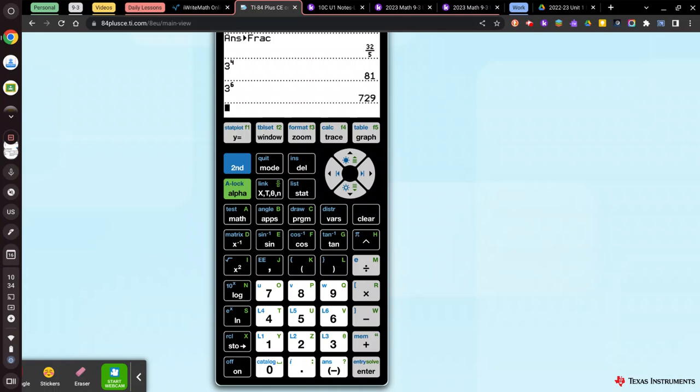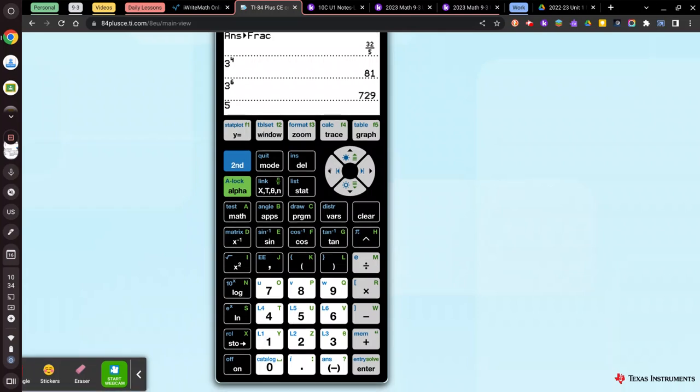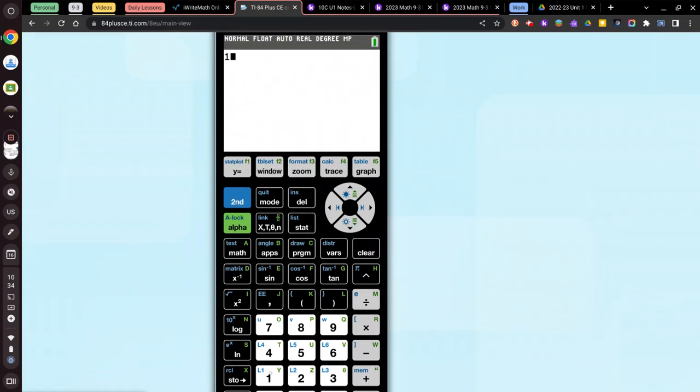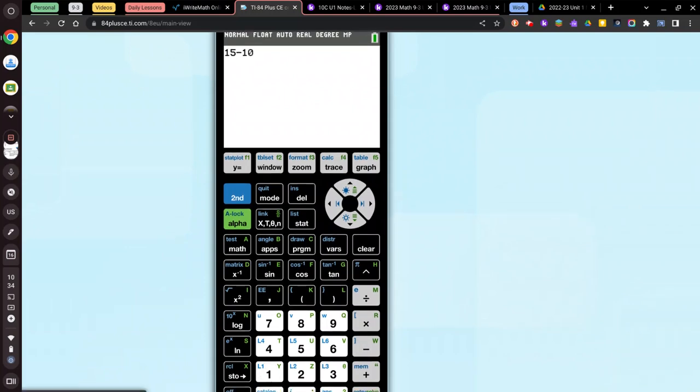So I've got $15 to start with. Then I have to subtract my $10 haircut. Then we have to add our babysitting money, $22. Then we have to add our birthday money of $90.